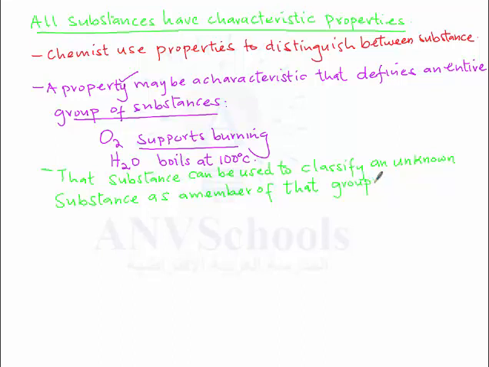For example, many elements can be classified as metals depending on their characteristics or their properties. So the distinguishing property of metals is that they conduct electricity. See, this is just an example.